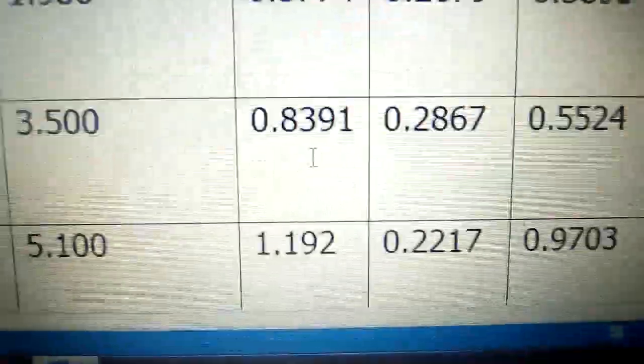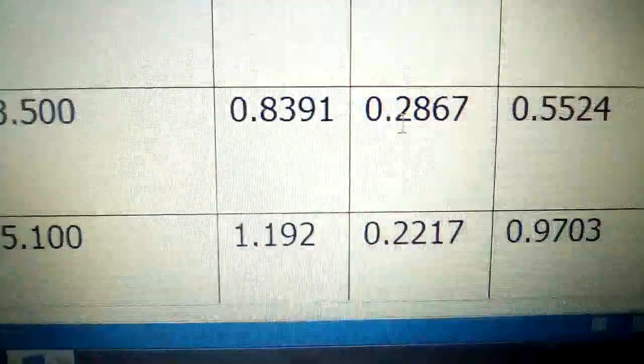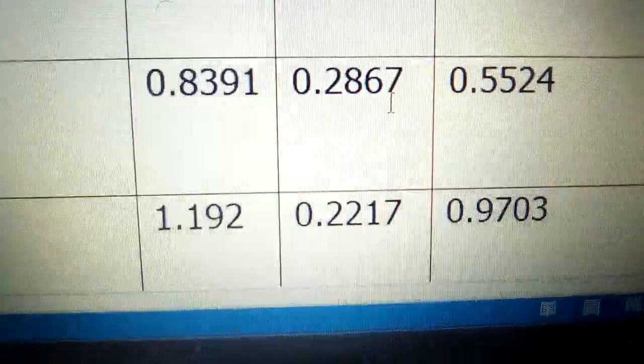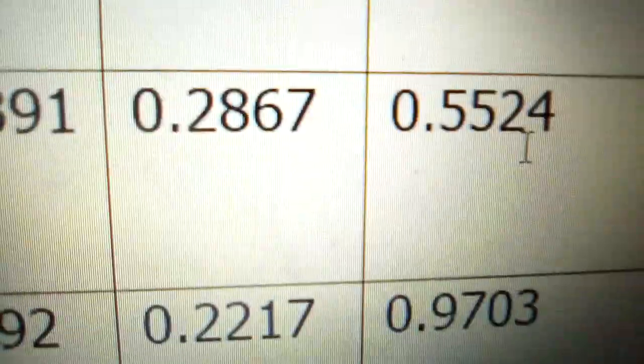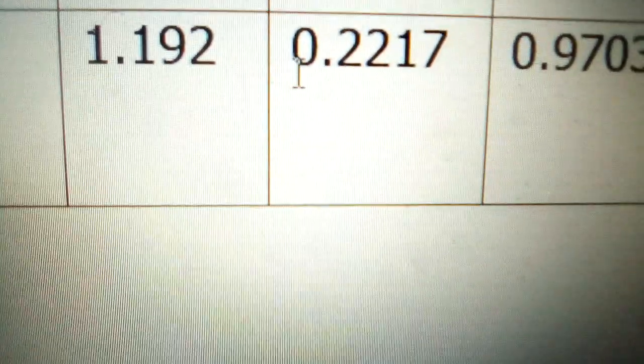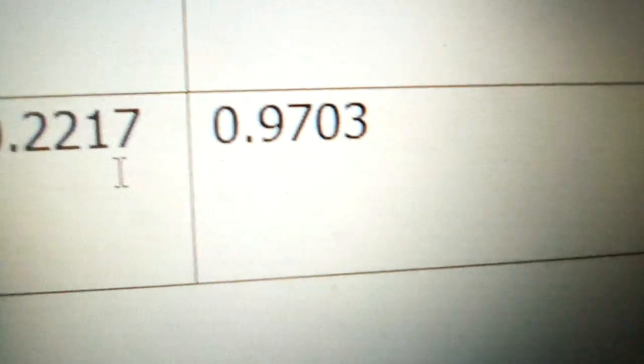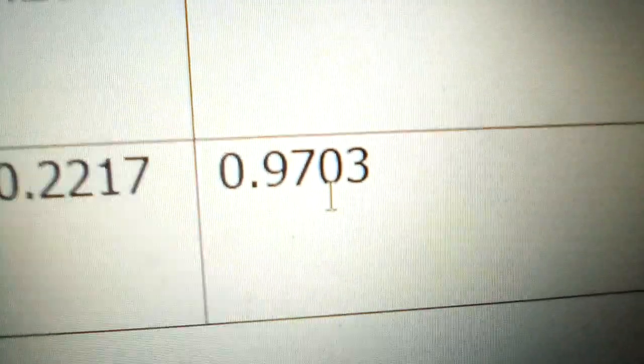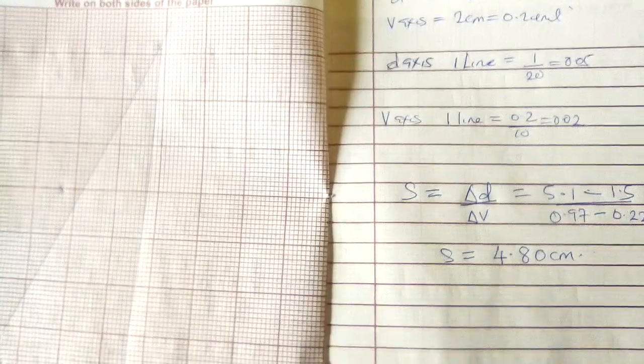Then 0.8391 minus 0.2867 gives us 0.5524. 1.192 minus 0.2217 gives us 0.9703. We'll now go to the graph plotting. So we have our graph. We have to plot D in cm against V.